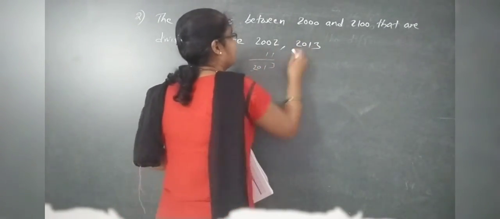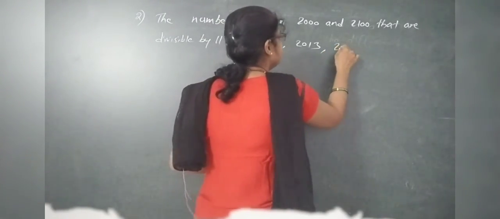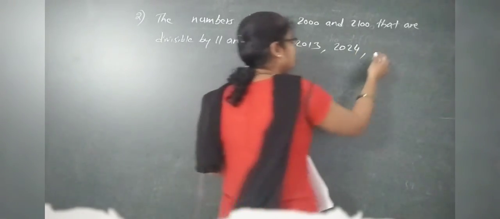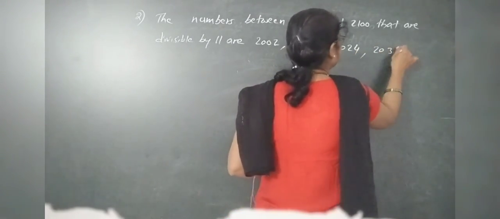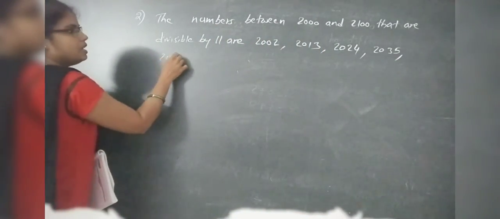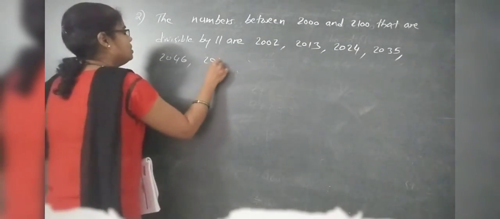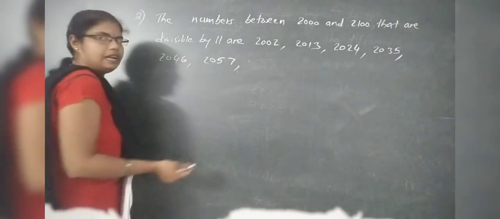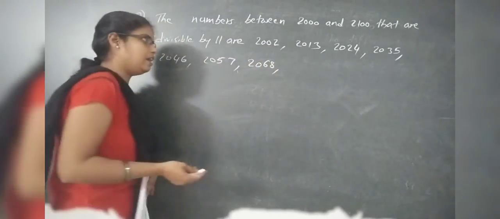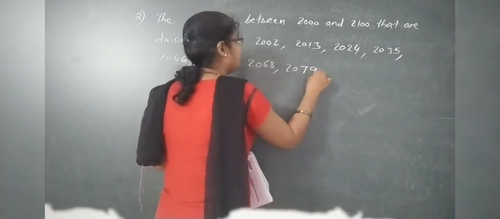2013. Again you have to add 11. What is the next number? 2024. Again add 11. 2035. Again add 11. 2046. Again add 11. 2057. Again add 11. 2068. Add 11. 2079.